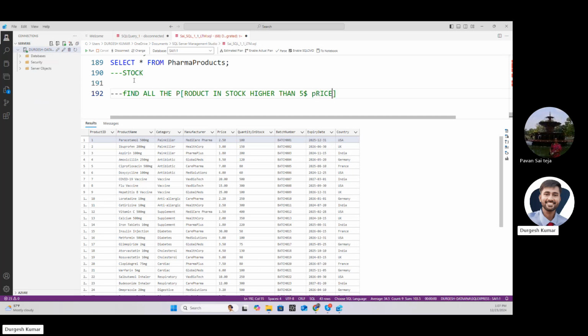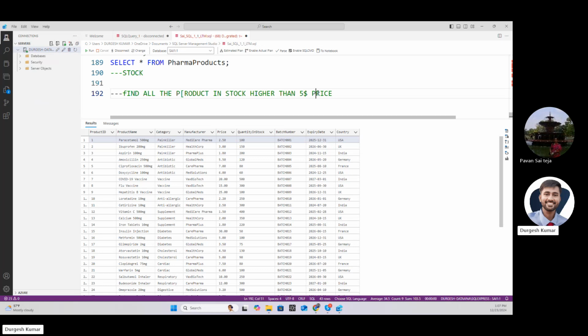Now, what could be the reason for this analysis, Sai? Do you have any idea? In order to gain profit margin, like. Well, there are two types of analysis: the first you do for a service-based company, and the second for a product-based company.